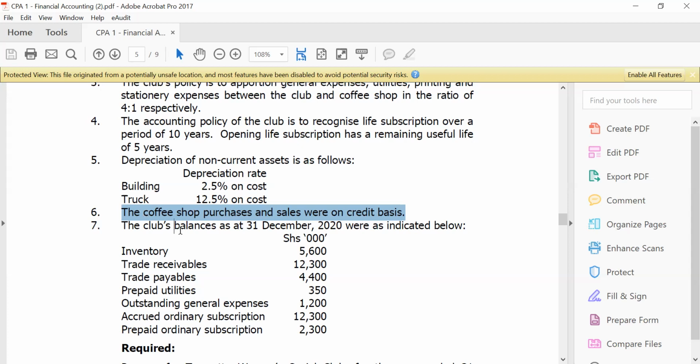Now, these balances they are giving us are as at 31st December 2020. The ones that we started with were for 1st January 2020. So these are the balances we have closed with.